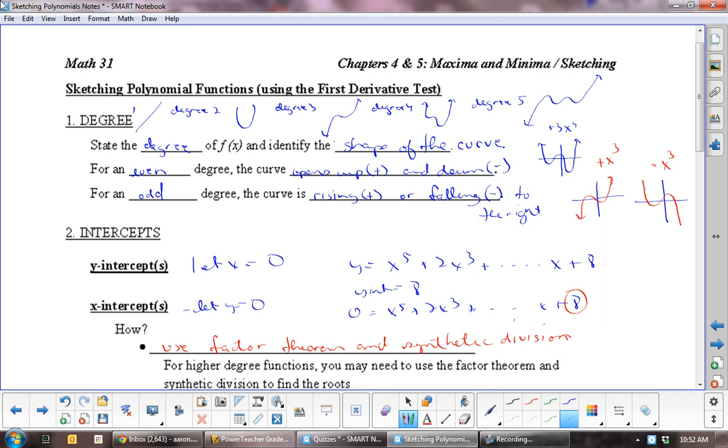So that runs through quite securely what you will be looking at this year. Degree 5's mean enough to do, but just kind of, you know, how many maxes, how many mins.